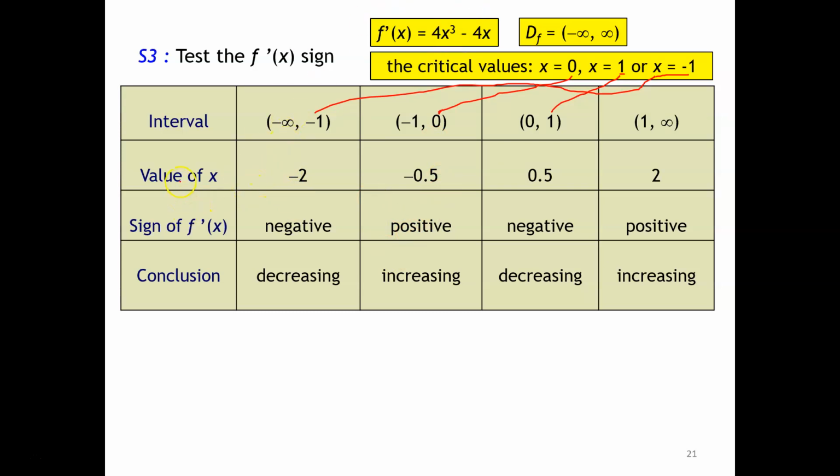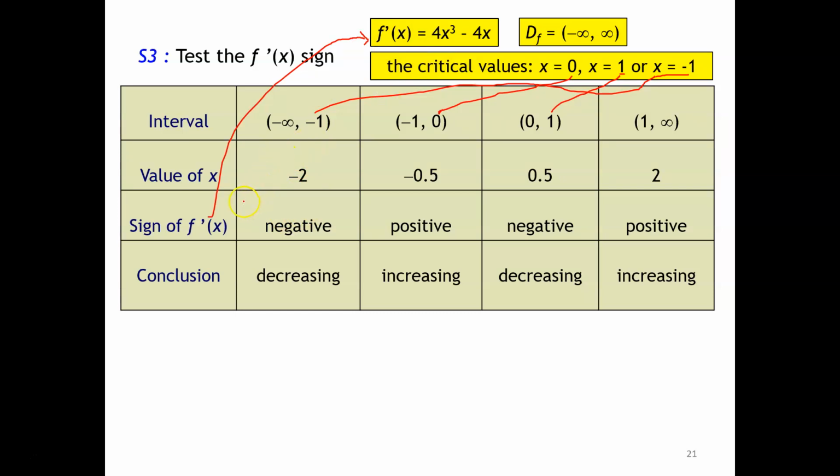So over here I have this table. The sign of f prime x. Where is my f prime x? This one. To find its sign, whether you will have a positive or negative number, I'm going to substitute this -2 into this f prime x.